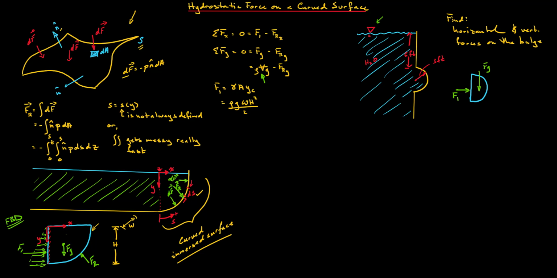And this force is due to all of the water to the left of this half circle. We'll have a horizontal force from the curved surface onto the water, and similarly a vertical force, Fv.